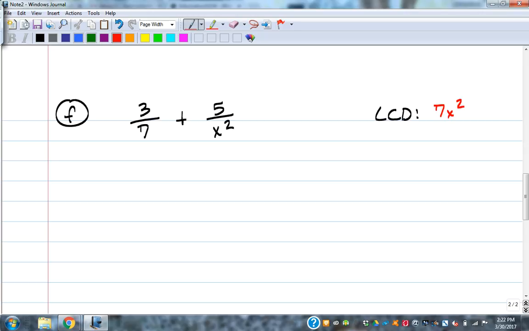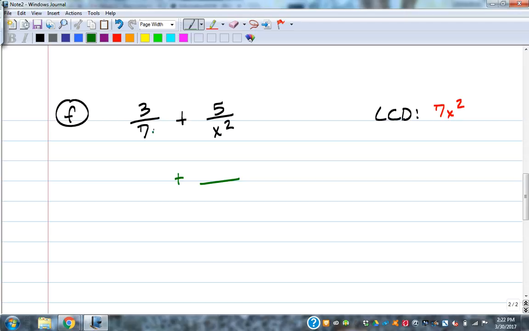And that's going to give you, what do they turn into? So if this needs to be 7x squared, what does it need to turn into? All right. So 7 needs what? Needs the x squared. So if the bottom needs the x squared, the top also has to have it.